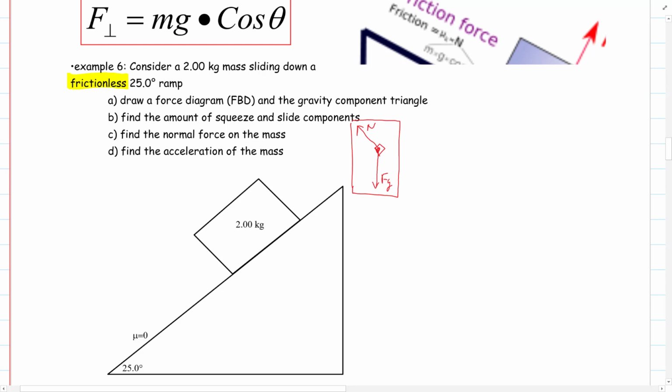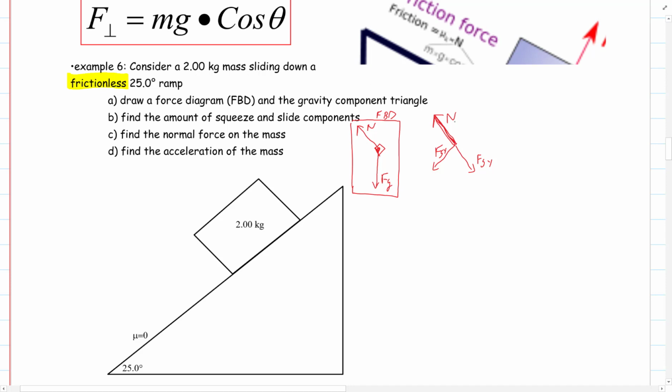Now, we're going to have Fgx and Fgy and the normal. Now that's the component triangle, the two different ones. This is not ever drawn in the free body diagram. We never draw the components. But this really helps us.